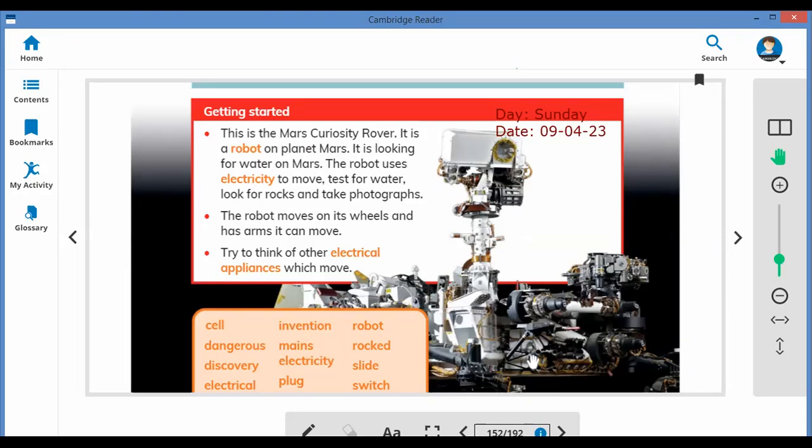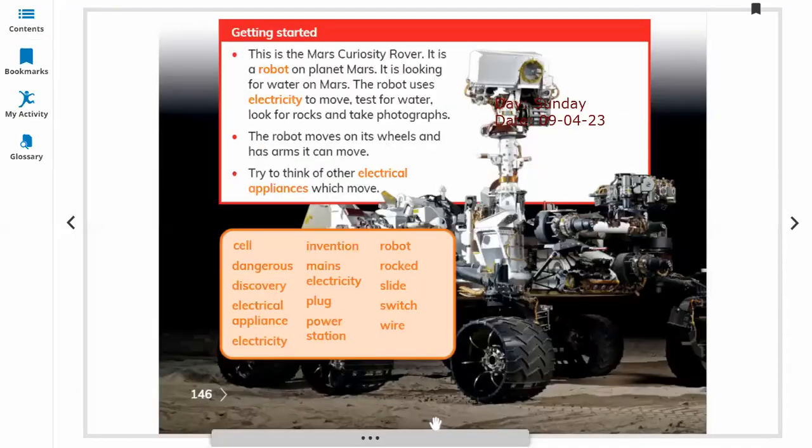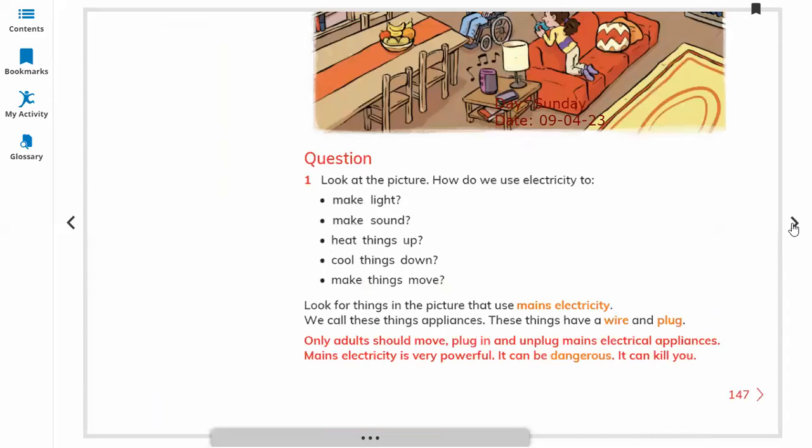This robot uses electricity to move, to walk, and to do its work. So we have learned these vocabulary words. Moving on to the next page.